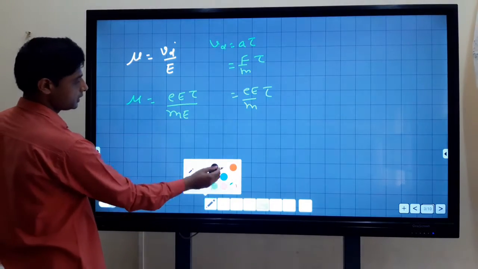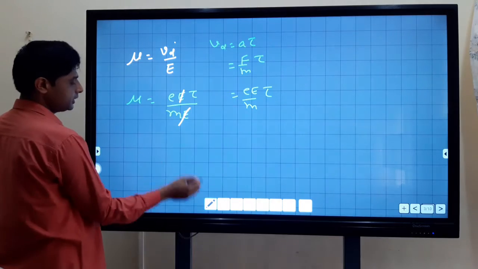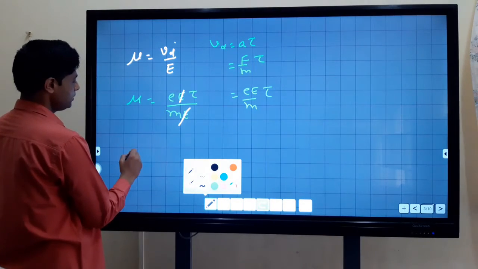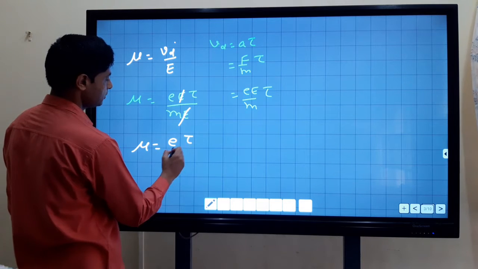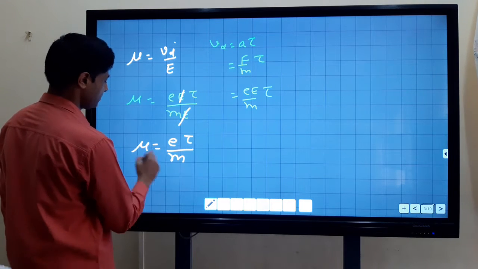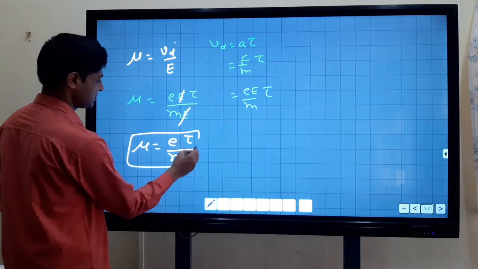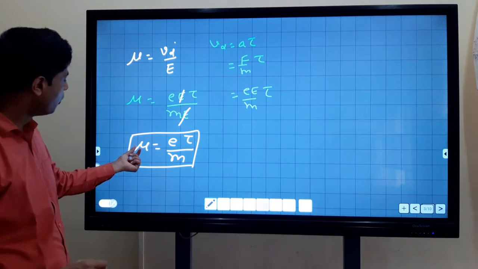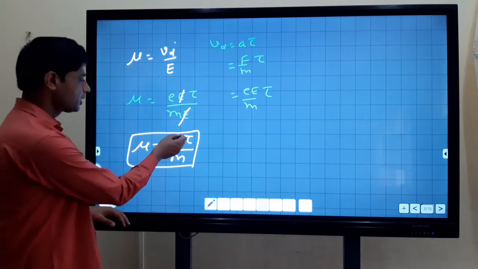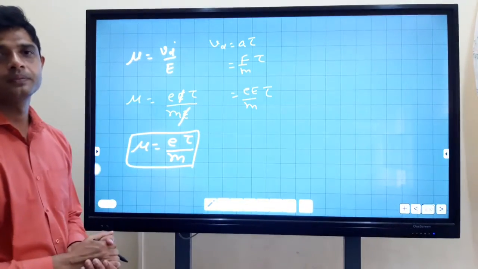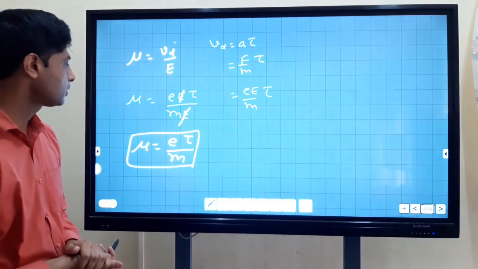So E cancels E, which means mu equals e tau upon m. It means mobility is directly proportional to the relaxation time of free electron.